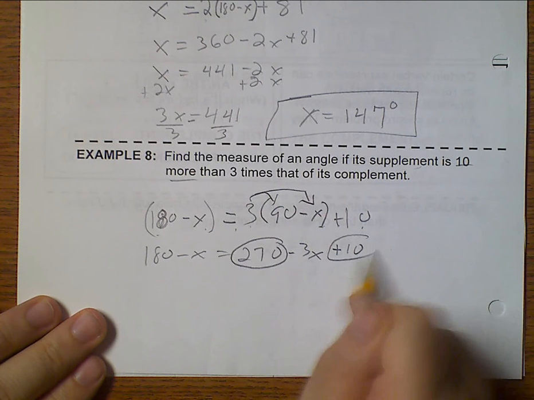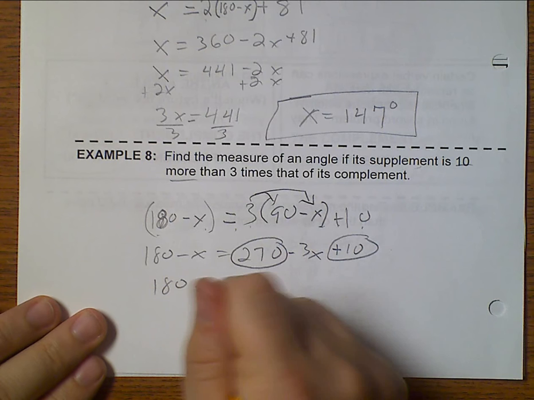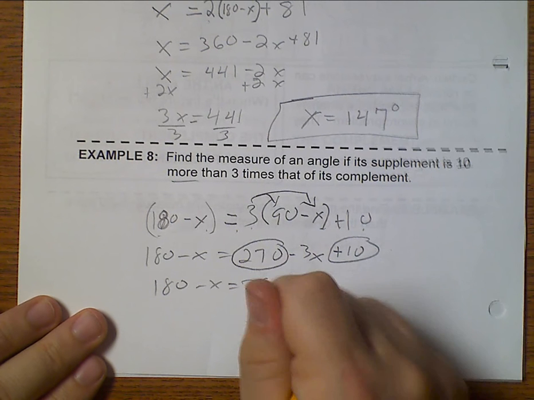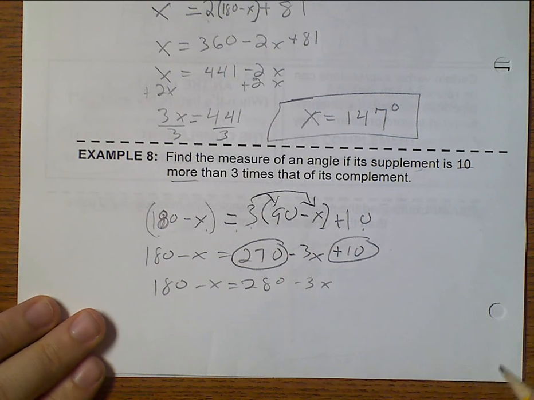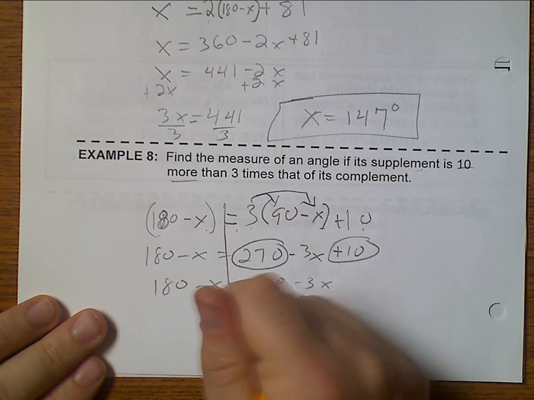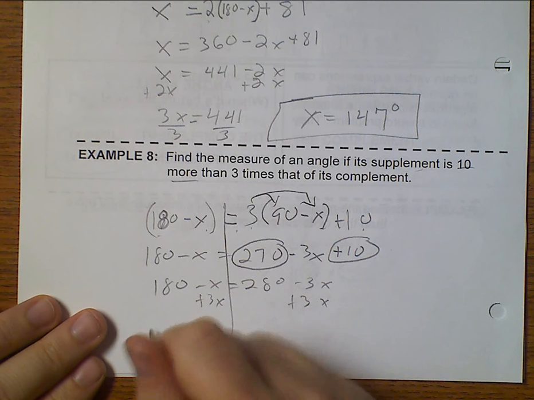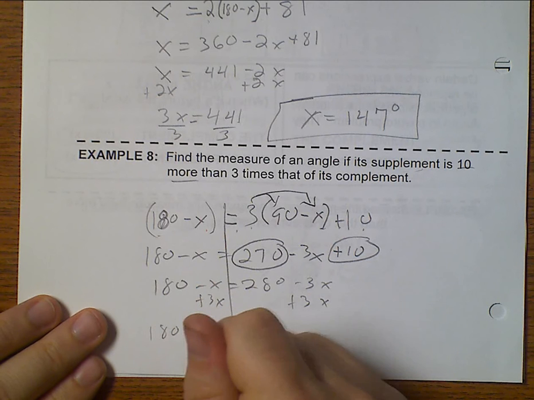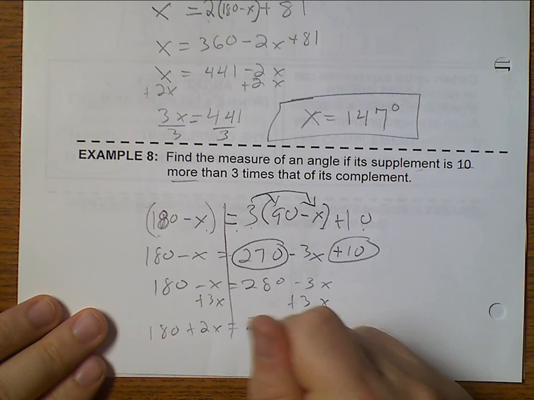Combine like terms. 180 minus x equals 280 minus 3x. I'm going to get all of my x's to one side, so I'm going to add 3x to both sides. 180 plus 2x equals 280.